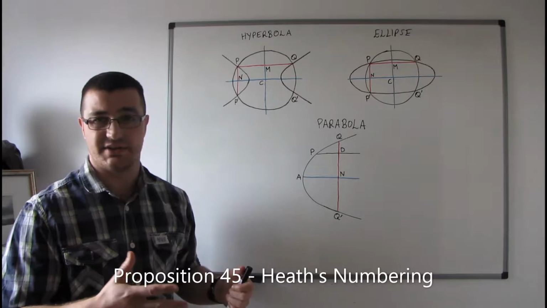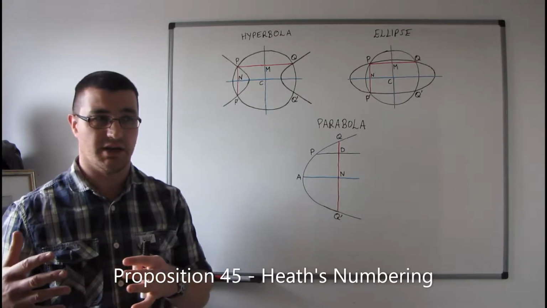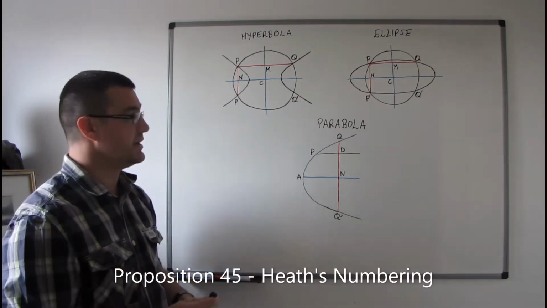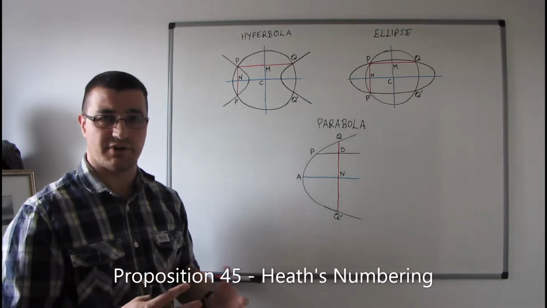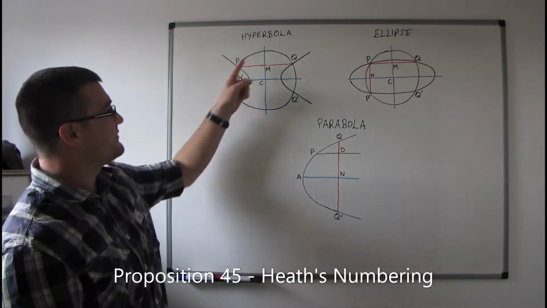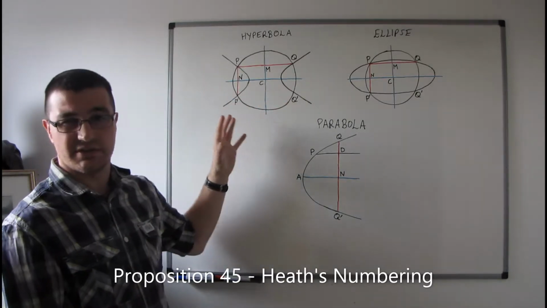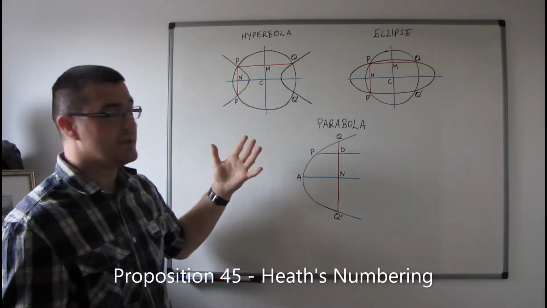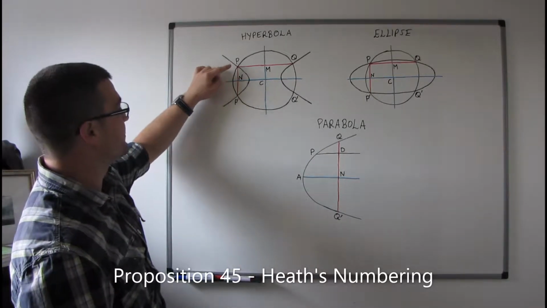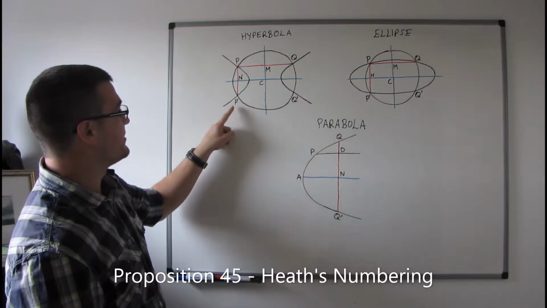That's something that's covered more in Apollonius's 4th book, to deal with intersections of different conic sections. But I think it's fairly clear to see that there is only going to be 4 intersections. We only need 4 anyway. So we've got P, Q, Q primed and P primed.